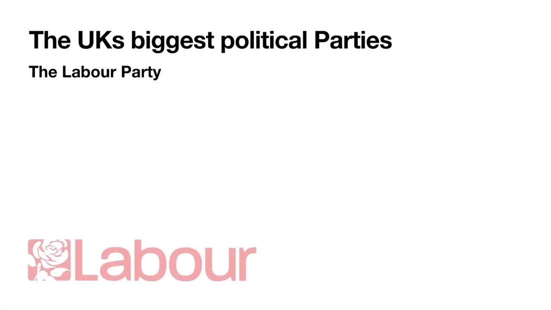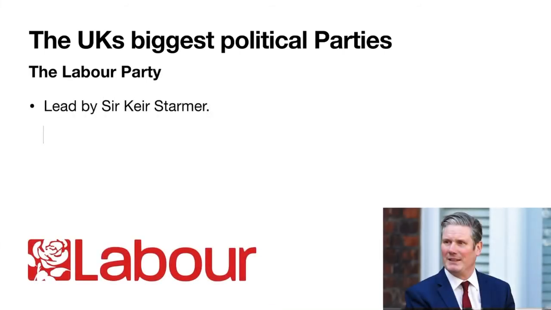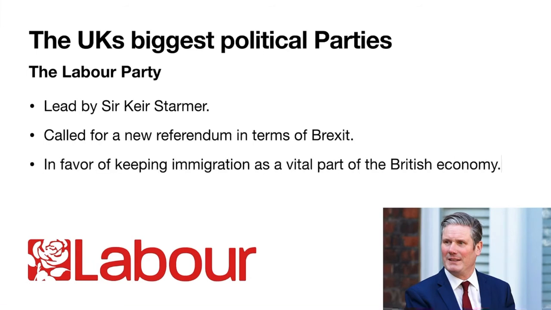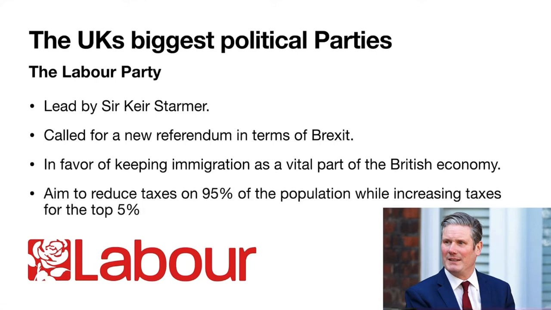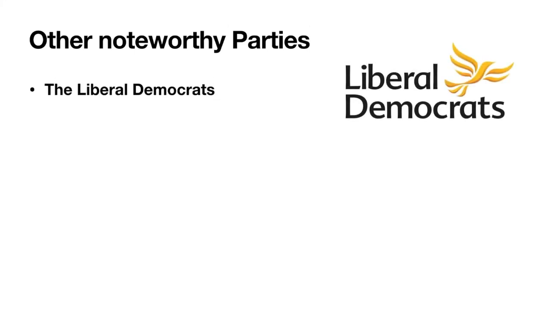The Labour Party, on the other hand, led by Sir Keir Starmer, were calling for a new referendum in case of Brexit and are very much for keeping immigration as the vital part of the British economy it portrays. They also aim to reduce taxes on 95% of the population while increasing taxes for the top 5%. Other noteworthy parties include the Liberal Democrats, the Green Party and the Brexit Party.